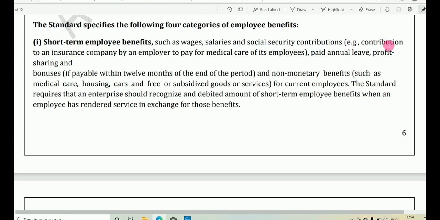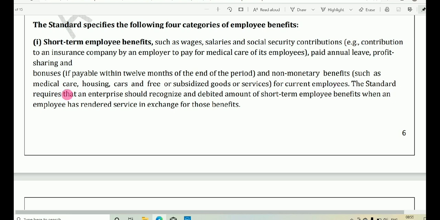For example, contribution to an insurance company by an employer to pay for medical care of its employees, paid annual leave, profit sharing, and bonuses if payable within 12 months of the end of the period, and non-monetary benefits such as medical care, housing, cars, and free or subsidized goods or services for current employees.